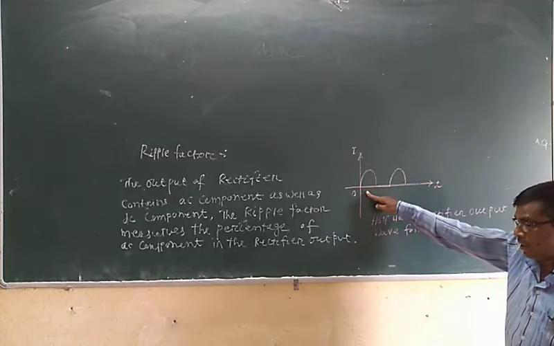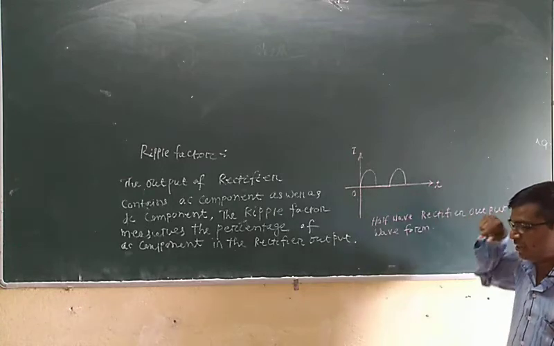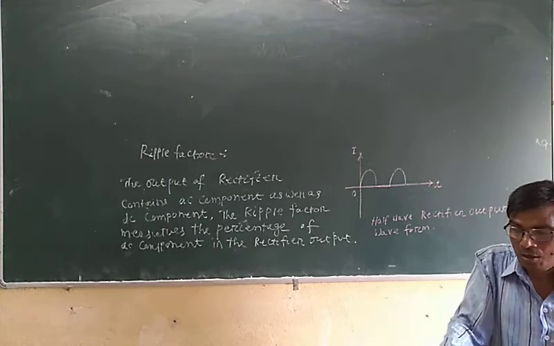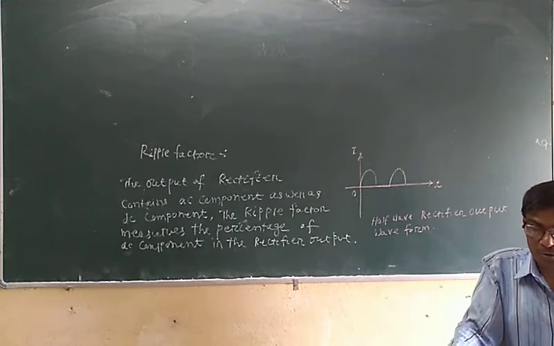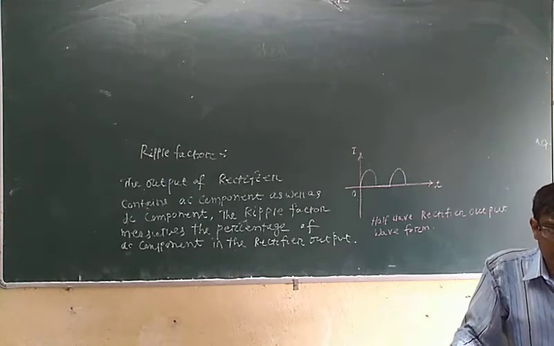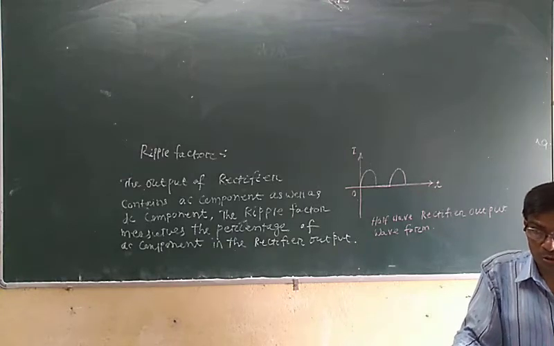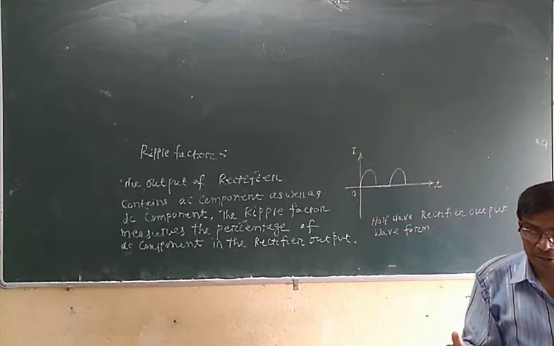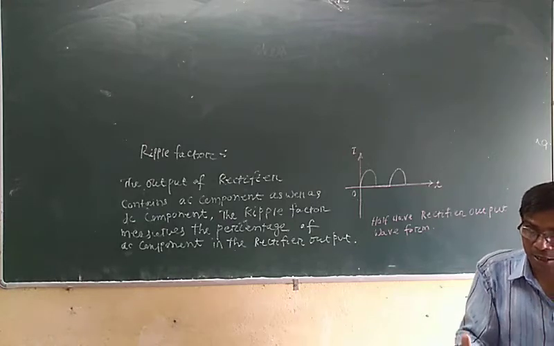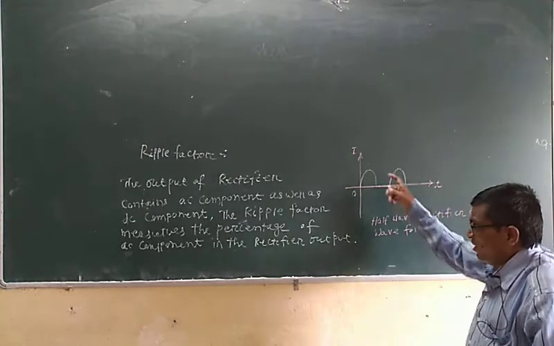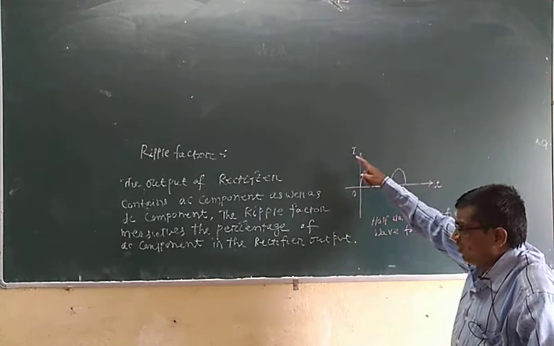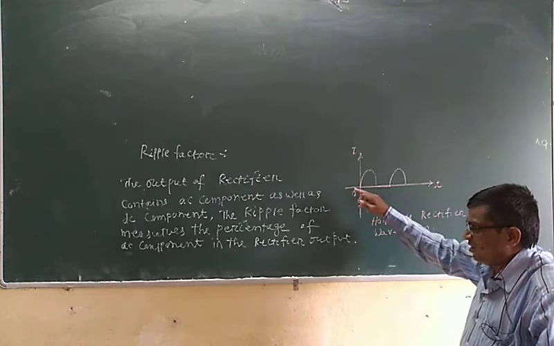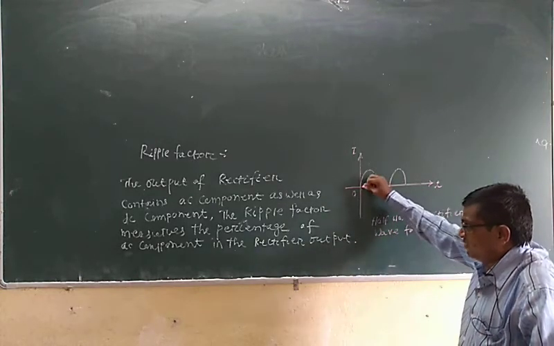So when the AC input reaches the diode, the AC input contains both positive and negative components. When the diode gets the positive half cycle of input, it allows the positive half cycle.